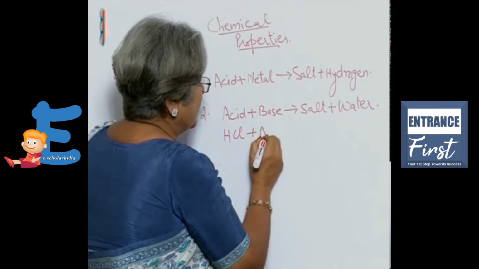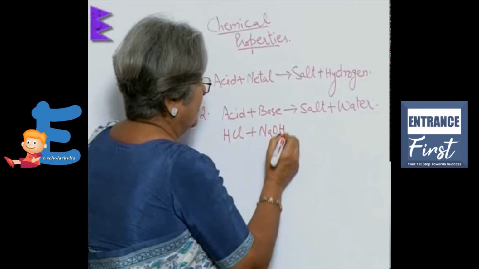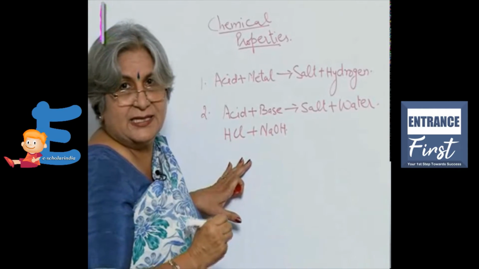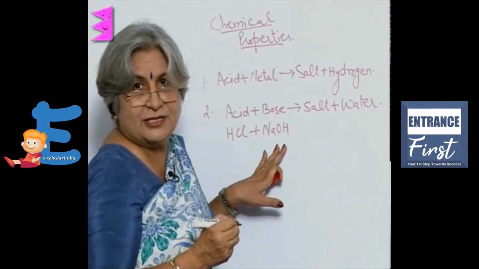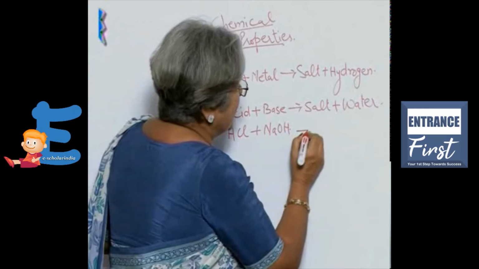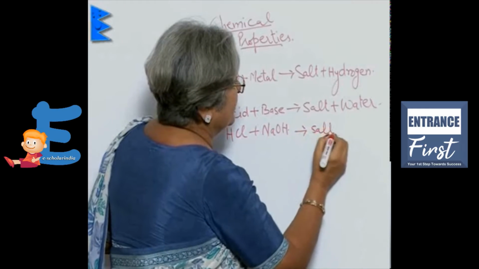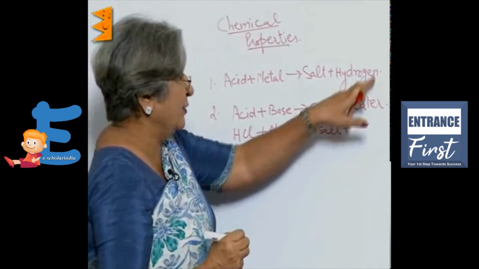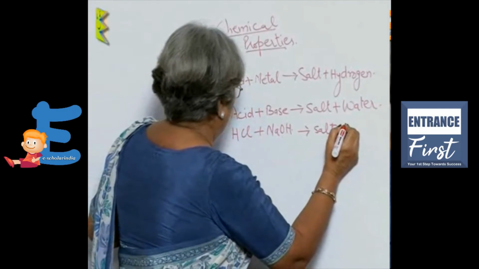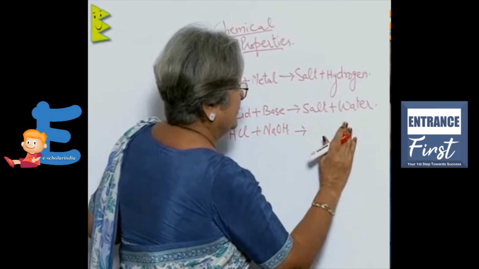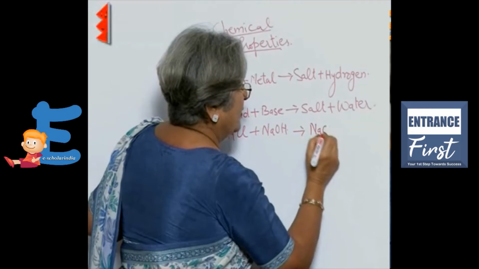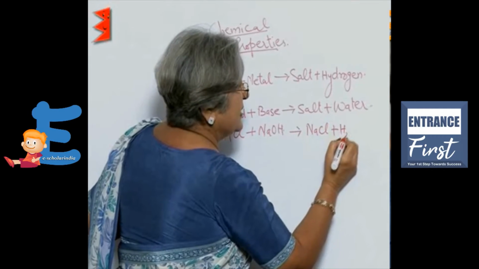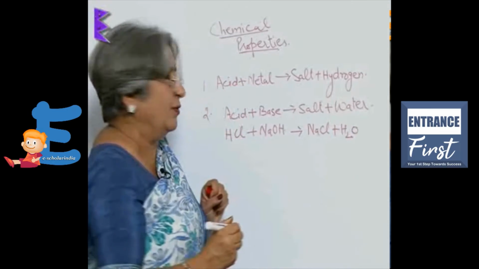HCl plus NaOH. Now HCl being acid is sour, NaOH is bitter, and what we get is a salty thing. But now instead of hydrogen, we will get water. NaCl plus H2O.